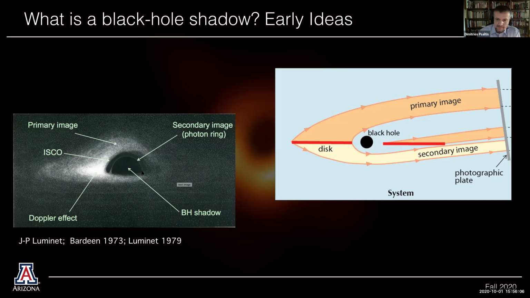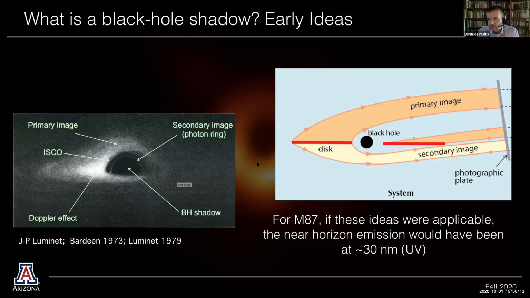And the reason is that if this is exactly what was happening near M87, then you would have to do the observation at a wavelength that is impossible, at about 30 nanometers, which is in the UV. The reason being that those geometrically thin accretion disks emit primarily thermal radiation, and the temperature of the thermal radiation near the horizon corresponds to a wavelength of about 30 nanometers. If this was the physics that was going on, we would never have been able, with current technology, to take the picture of the black hole.